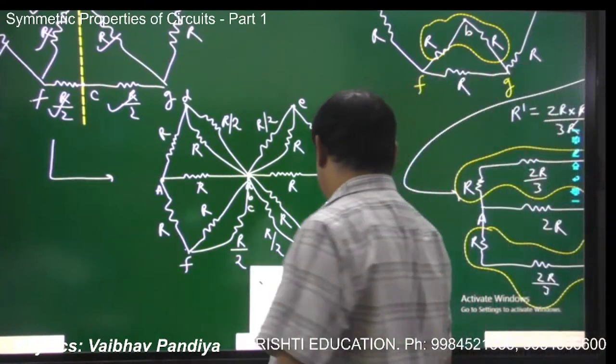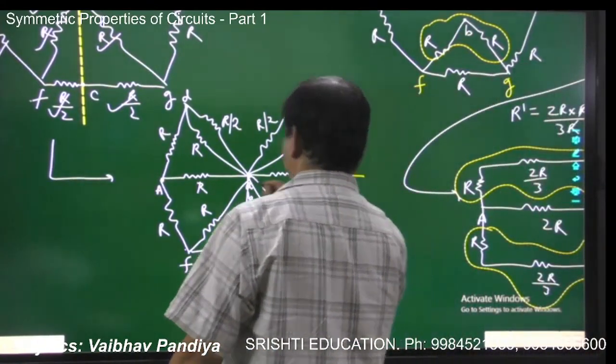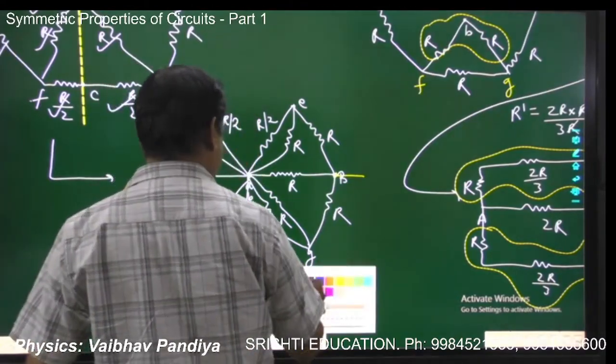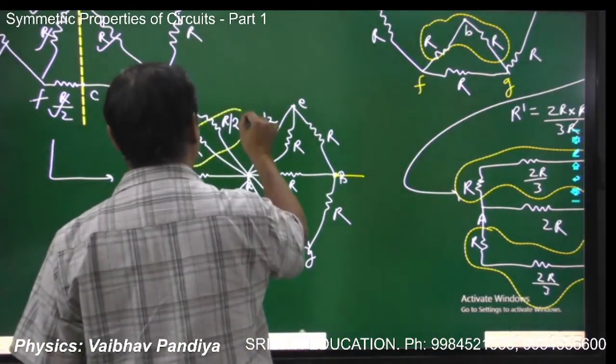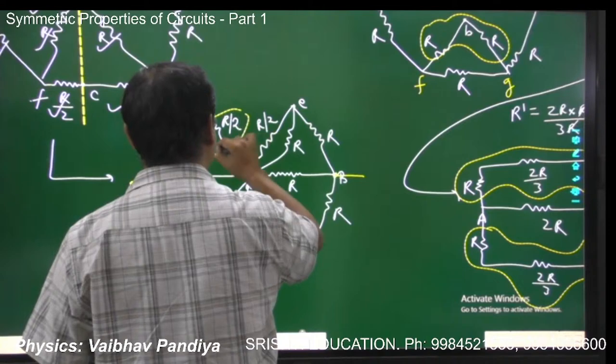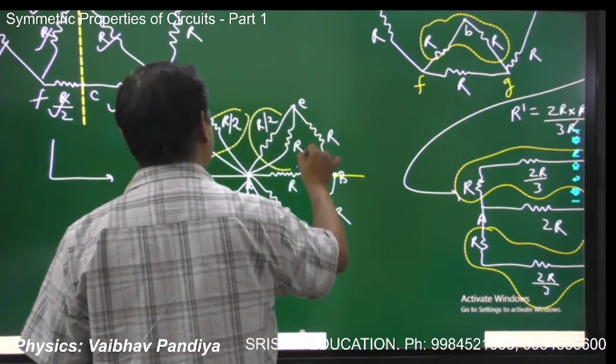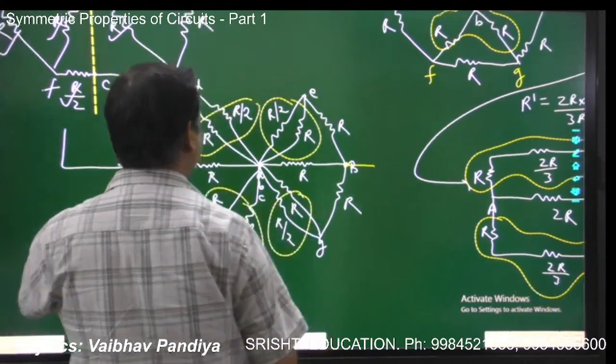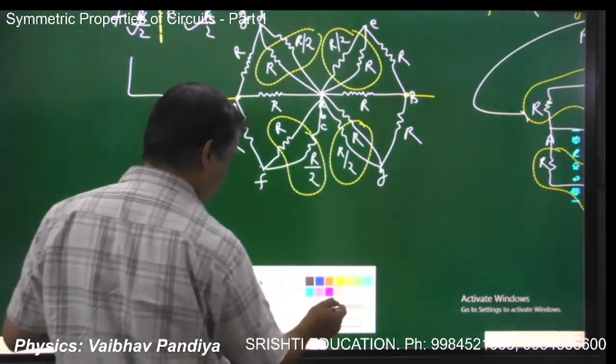Okay, and the target points are A and B. We have to find the resistance between A and B. Now if you see these two, between D and A, these two are connected in parallel, these two are connected in parallel, these two are connected in parallel, and these two are connected in parallel. So I'm going for one step of further reduction.